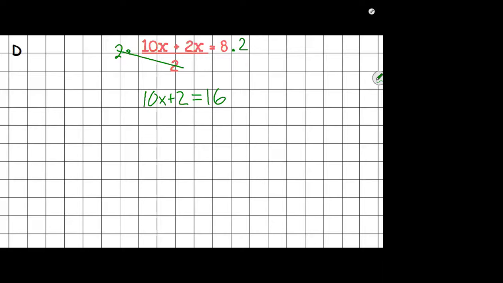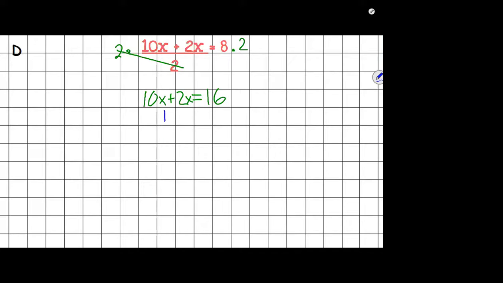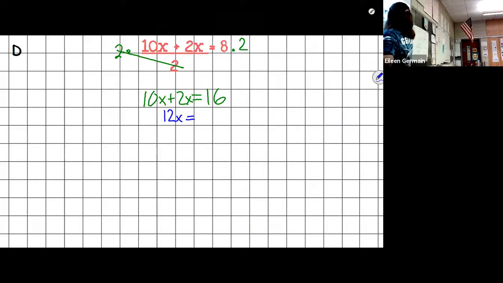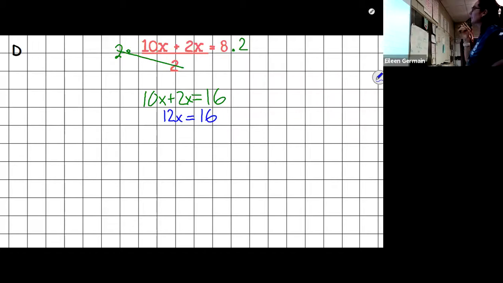I added the 2x and the 10x together. Good. And you got a total of how many x's? 12x. 12x is equal to? 16. 16, very good.